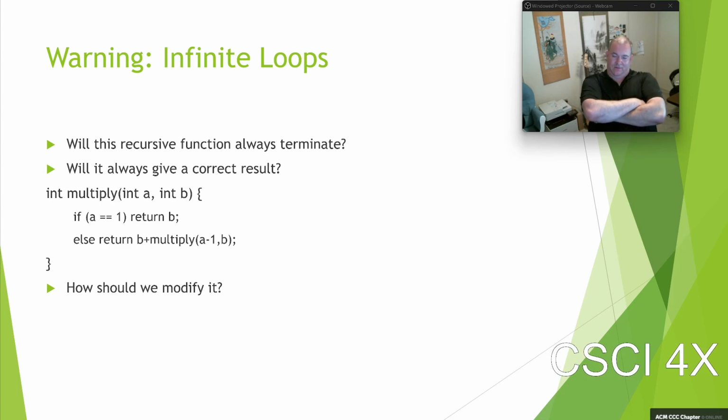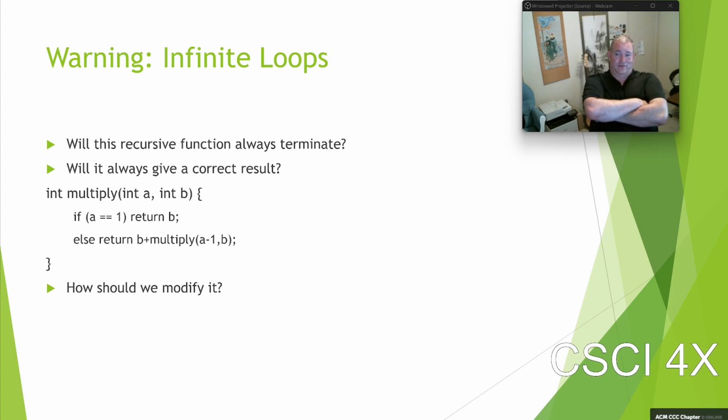So the user wants to multiply 0 times 5. A is 0, B is 5. What should we put into our base case there that will successfully handle 0 to fix this code right here? What should we put in?